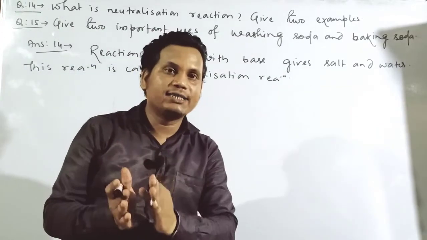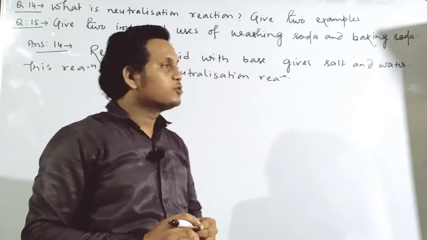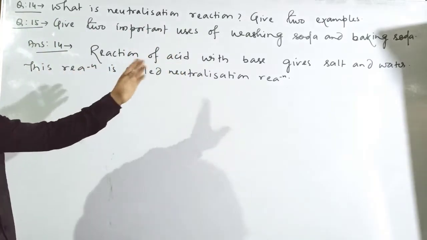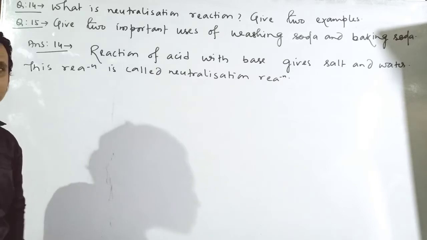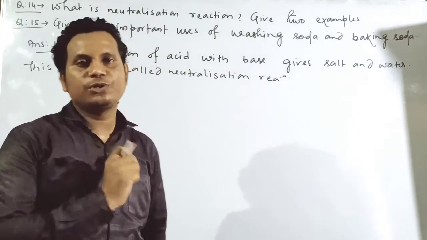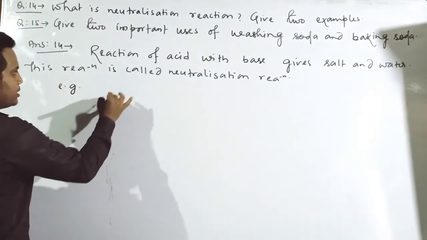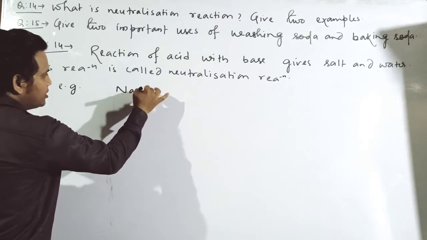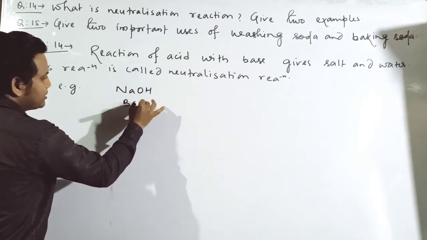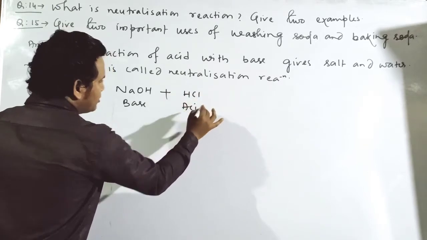Now we have to give two examples. Neutralization means what? Acid will neutralize base, base will neutralize acid. So we can say that when acid and base react, salt and water are formed, and such type of reaction is called neutralization reaction. For example, take a base, suppose NaOH is a base. Take an acid, suppose hydrochloric acid. Any acid, any base you can take.